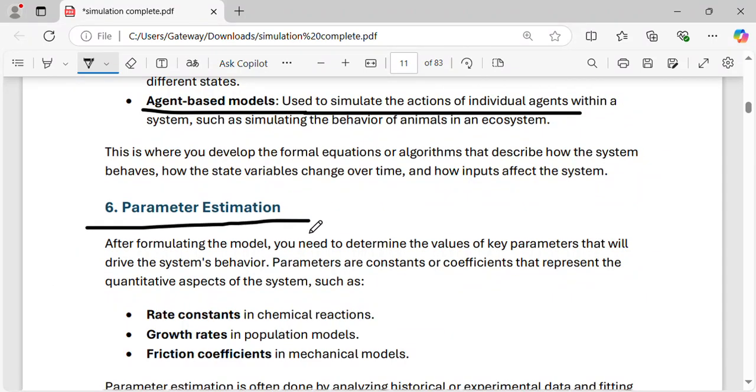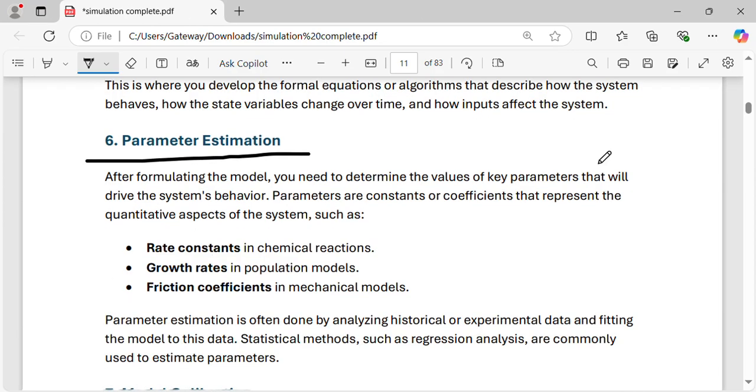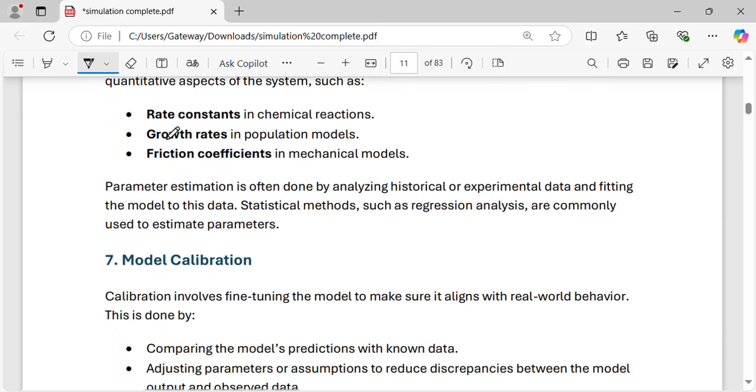Then we use parameter estimation, to determine the value of key parameters that will drive a system's behavior, and they could be constants, they could be coefficients, like rate constants in chemical reactions. You may have heard about RK, or RL, something like that, or growth rates in population models.